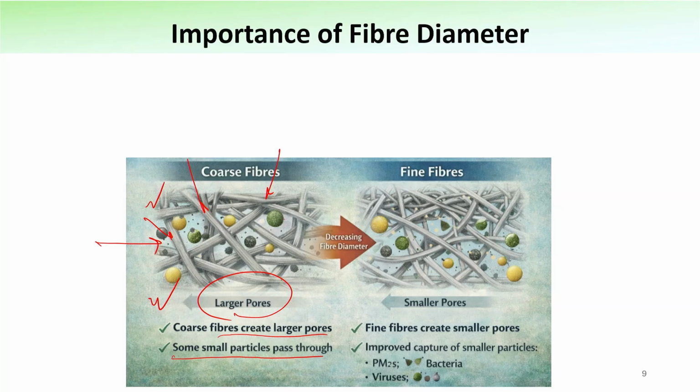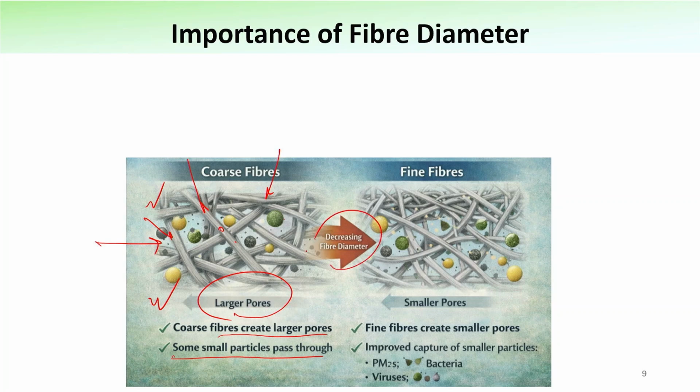That is called an electret filter, where the air flow rate will be high and the pressure drop will be low, but at the same time due to the static charge these fibers will attract the particles, the pollutants, on the surface.